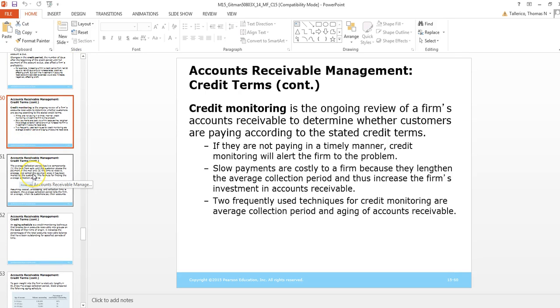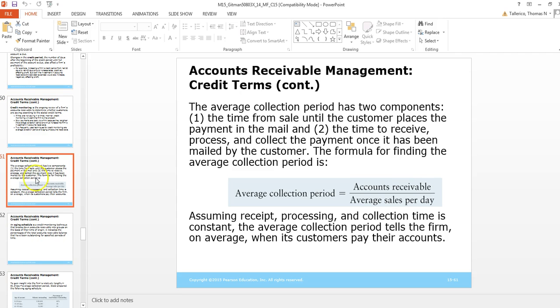All right, so there's credit monitoring, which is basically you're reviewing your accounts receivable, which customers are paying well, and your credit is monitored by credit monitoring companies, right? You've probably seen this ratio before when you were in 330 when you did ratios.